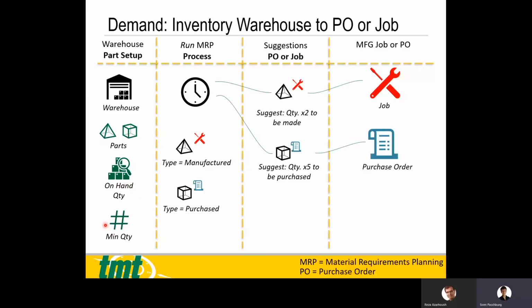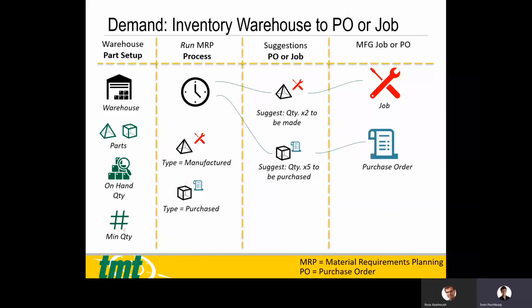So when it falls below that level, then the system will either generate one of 2 things. So we run the process called MRP, which is defined as material requirements planning. And it pretty much looks at this setup and says, right, for each of these parts, is it typically manufactured or typically purchased, and you set that up on the part level.